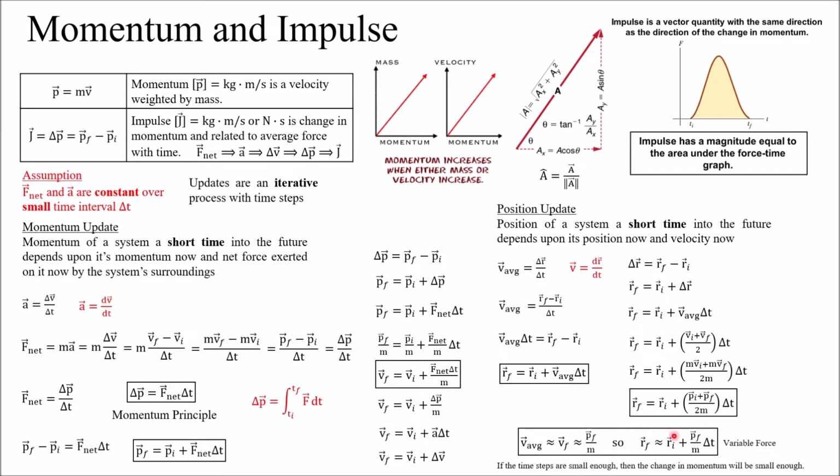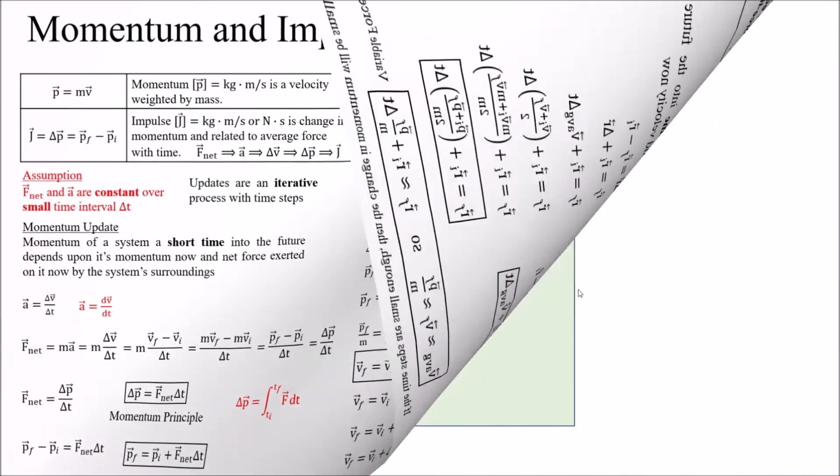And this makes it really easy because all we have to do now is find the final momentum with this momentum principle. Once we know the force and the time and the initial momentum, once we have that final momentum, we just plug it directly into the position update, divided by mass, and we got our position update. And so that's very nice for us to be able to do that.